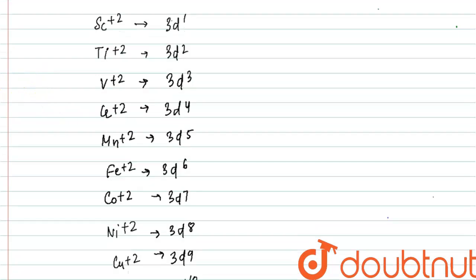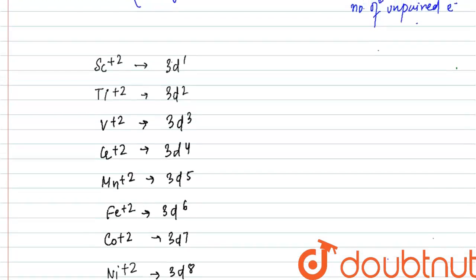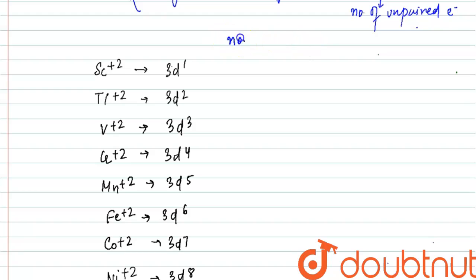And now let us have a look at the number of unpaired electrons that they have. The first one is scandium plus 2, and the d orbital has 1 electron, which means it has only one unpaired electron. Here we have 2, here we have 3, then 4, and then here we have 5.